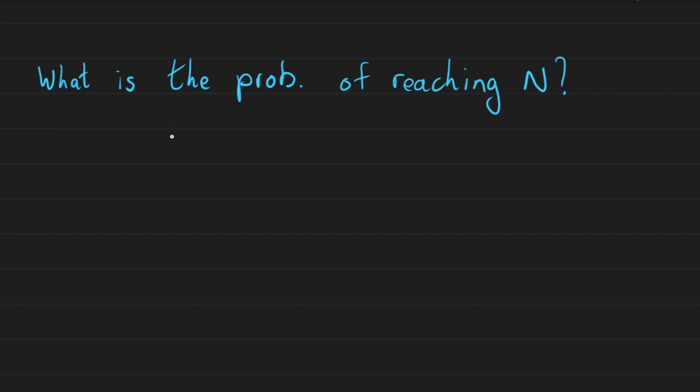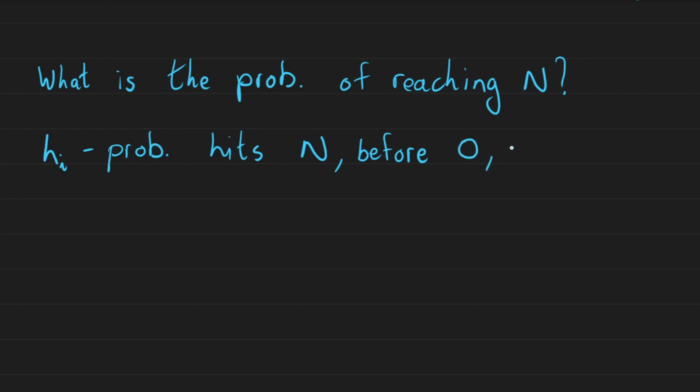So we're going to start off by defining H_i. This H_i represents the probability that the gambler hits n, or reaches the target n, before going broke, before achieving nothing, while starting with i dollars.